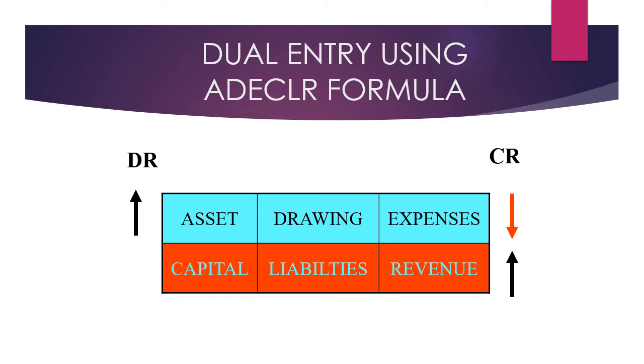So capital increased, so you need to credit the capital account with 100,000. And whenever capital, liabilities, revenues decrease, you need to debit the account. So it will be easier for you to use the other clear formula to explain what account to be debited and what account to be credited.